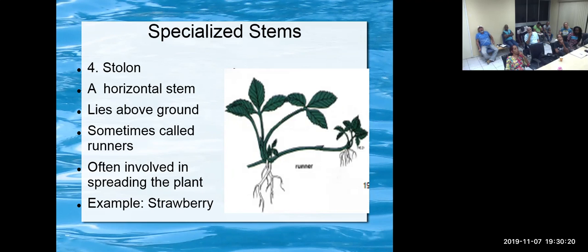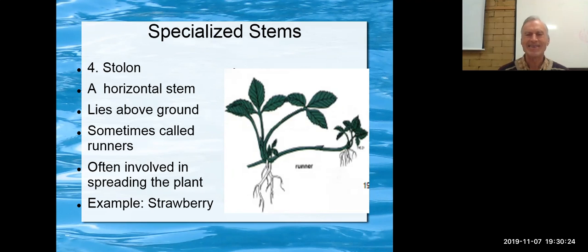It's just an imitation of this. You're looking at how a stolon works, and you're using that mechanism to create roots on a stem of a branch of a fruit tree.